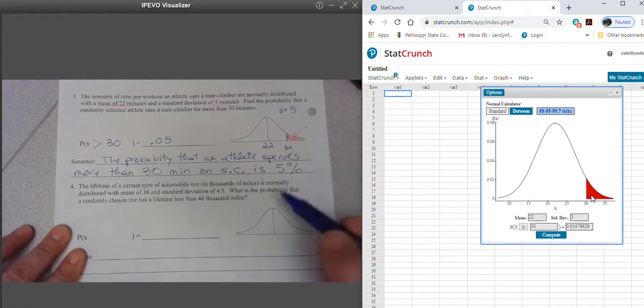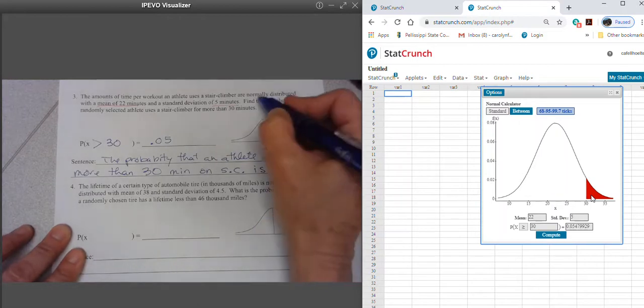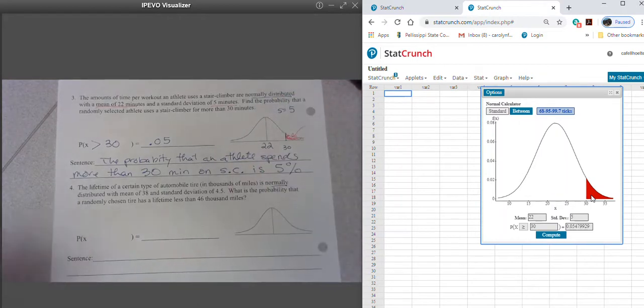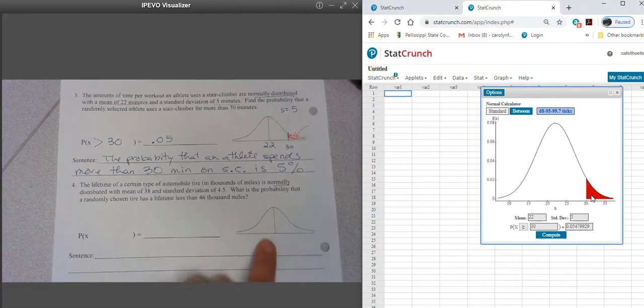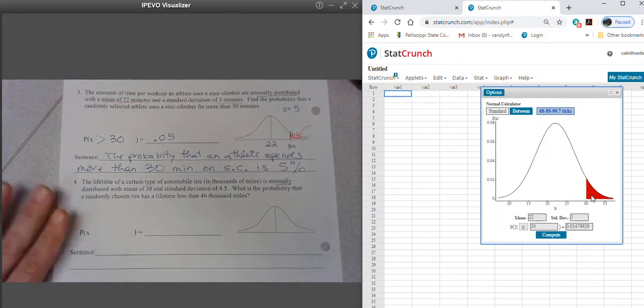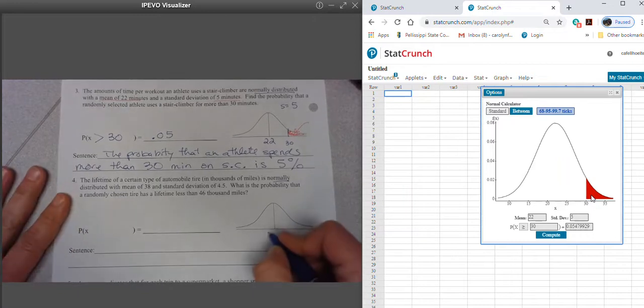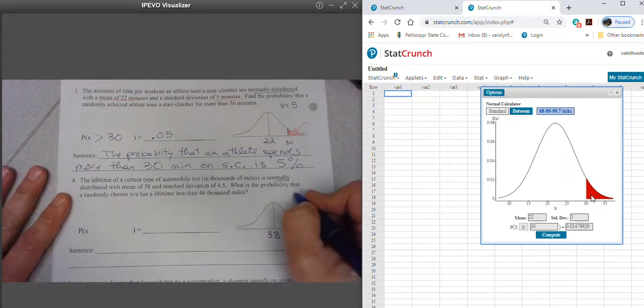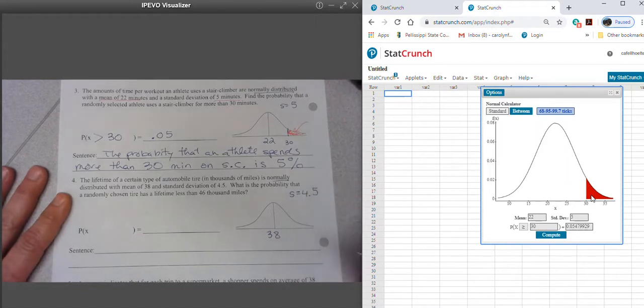In all these problems, we're told the data is normally distributed, so we can apply what we know about the normal distribution, but that has to happen first. So the mean is 38 with a standard deviation of 4.5, and the problem is asking about the probability that the randomly chosen tire has a lifetime less than 46,000 miles.